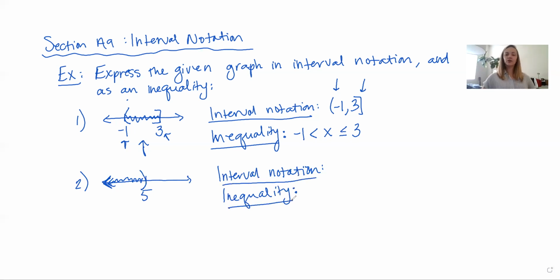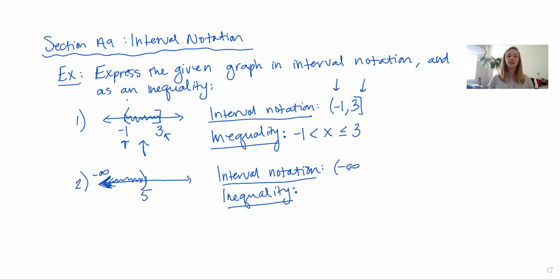So for the interval notation, again, still getting it directly from the graph, you want to go from your furthest left to the furthest right. So the furthest left that we go on the graph is all the way down to the very left end of the number line, which is negative infinity. So that's where our interval is going to start. We're going to start at negative infinity.